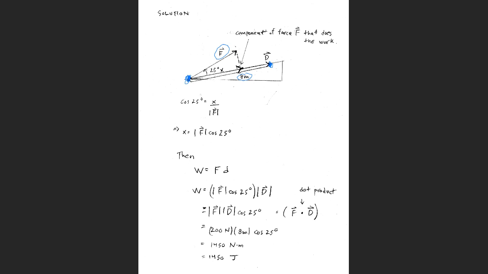When we compute work equals force times distance, we need the magnitude of the force that's parallel to the ramp.